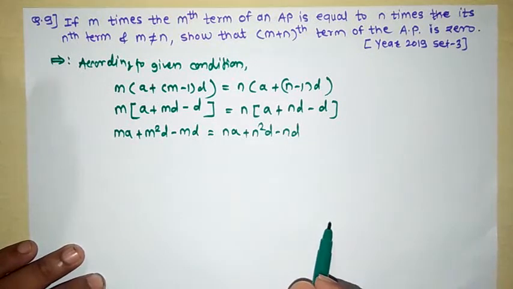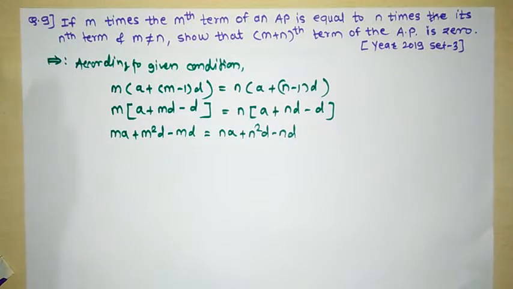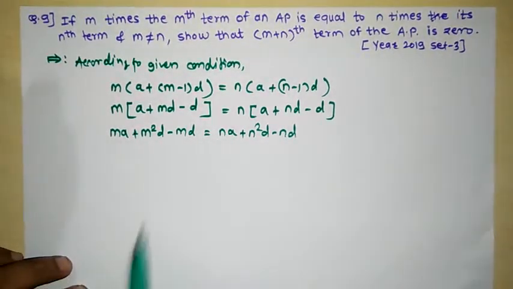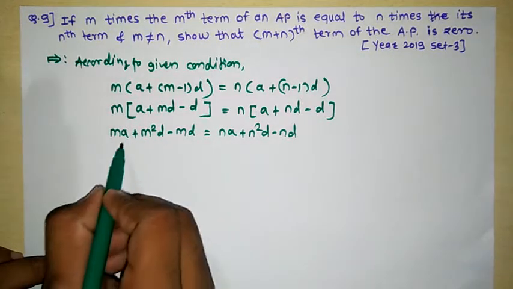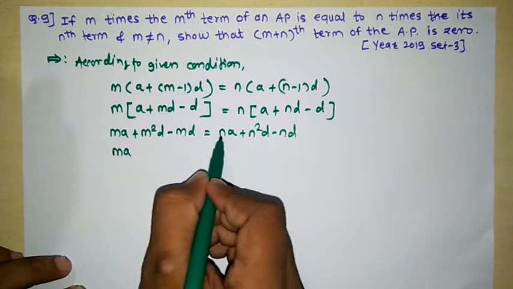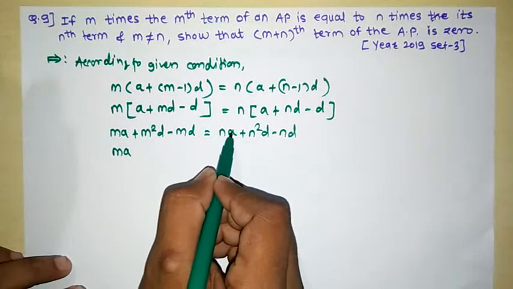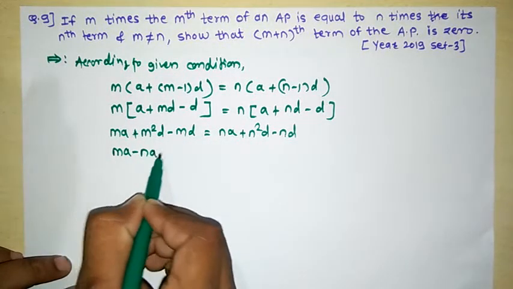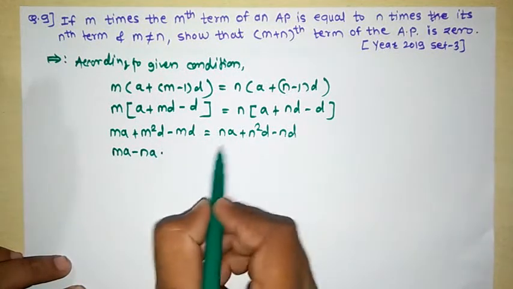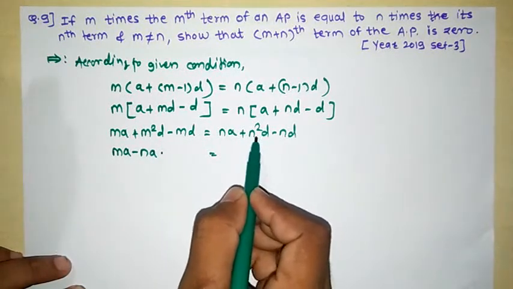Now we will equate the like terms. We have to write the like terms near each other. First ma. Now ma is similar to na. We have to take na towards the left hand side. It will become minus na. Now m square d we have to send towards the right hand side, near to n square d.